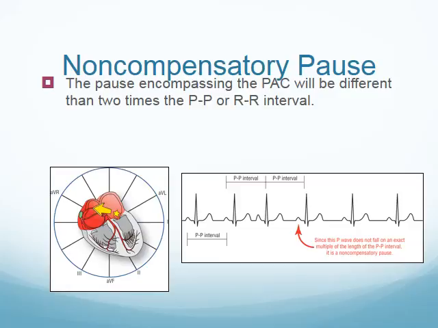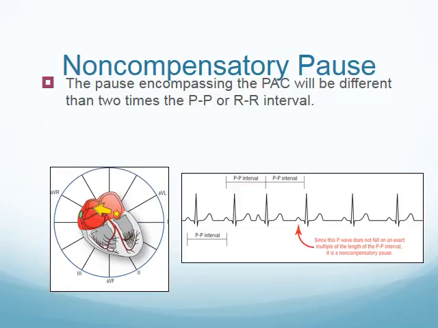So what happens is, you can either have a non-compensatory pause or a compensatory pause when you have a PAC. Whenever you have a non-compensatory pause, the pause encompassing the PAC will be different than 2 times the P to P interval. So we have our PAC occur, and then the SA node is reset when that PAC happens.